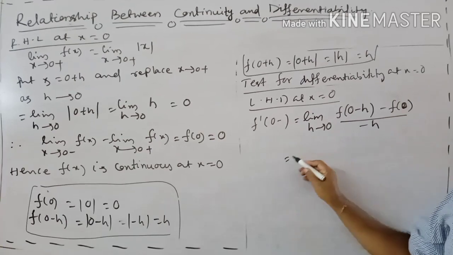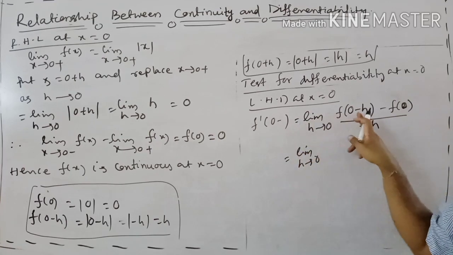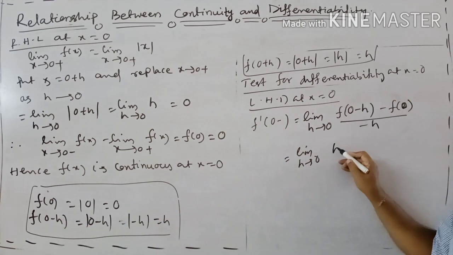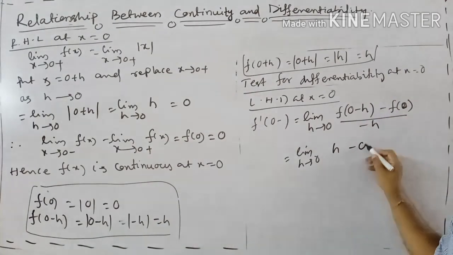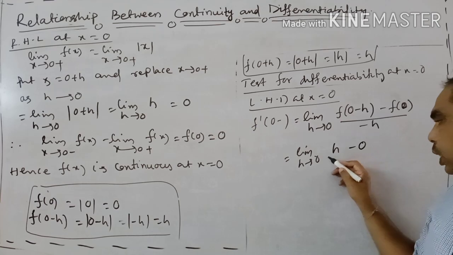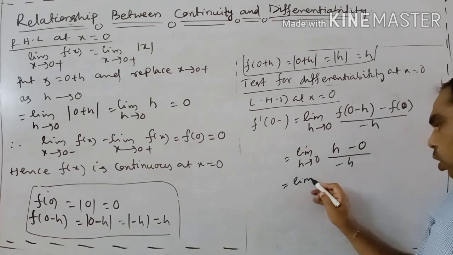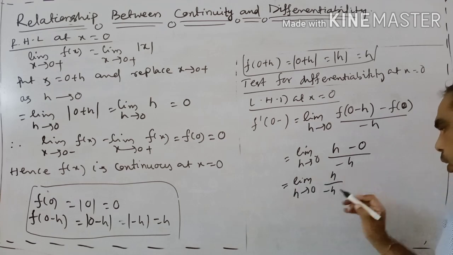A means 0. So it is equal to limit h tends to 0. What is f of 0 minus h? f of 0 minus h is h, minus f of 0, and f of 0 is 0, divided by minus h. So is equal to limit h tends to 0 of h by minus h.